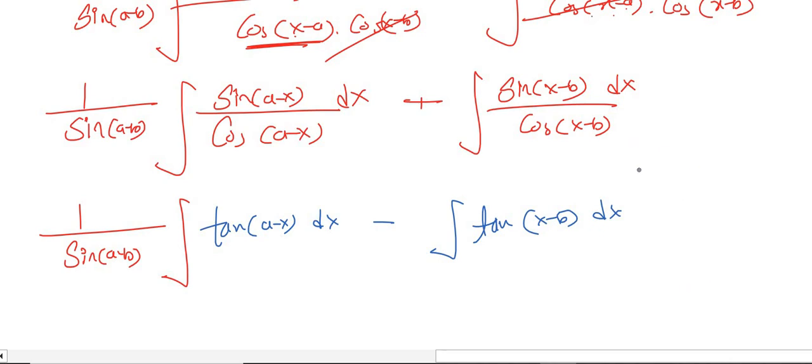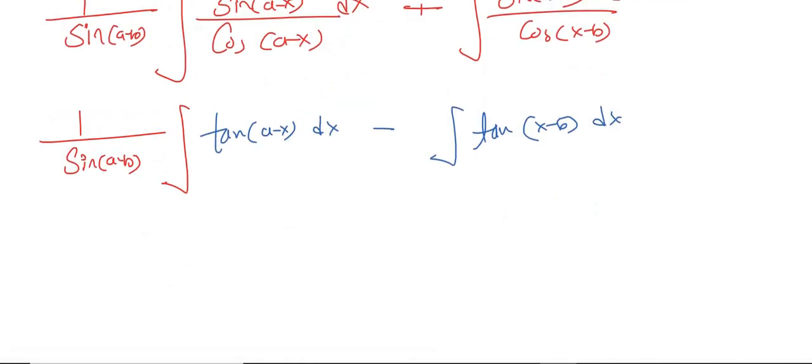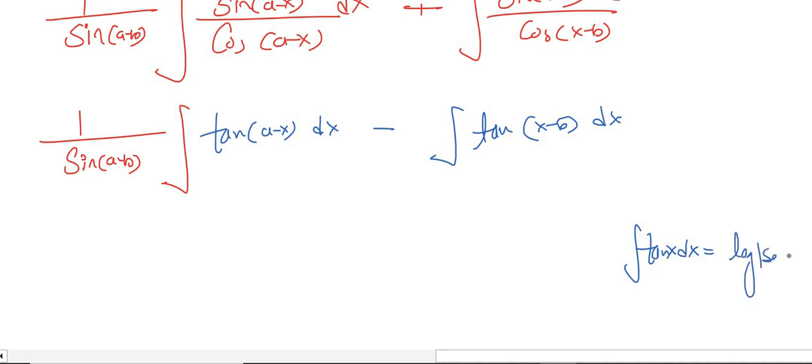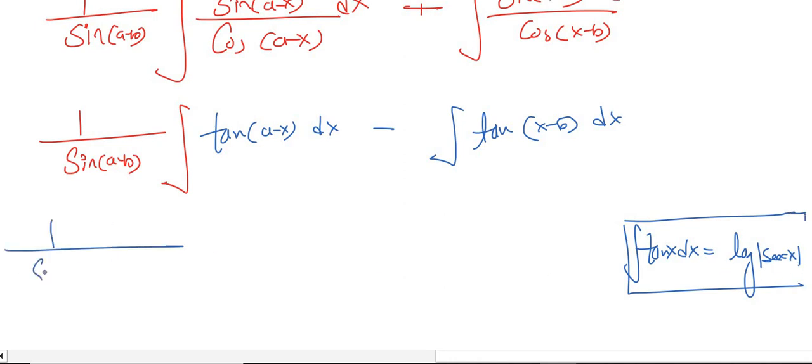Why? Because we know the formula, what is the integration of tan x? Integration of tan x dx is nothing but log of mod of sec x. These are the formulas you should memorize. Log of mod of sec x. So answer will be, guys, 1 by sin of a minus b, and this we have integrated.